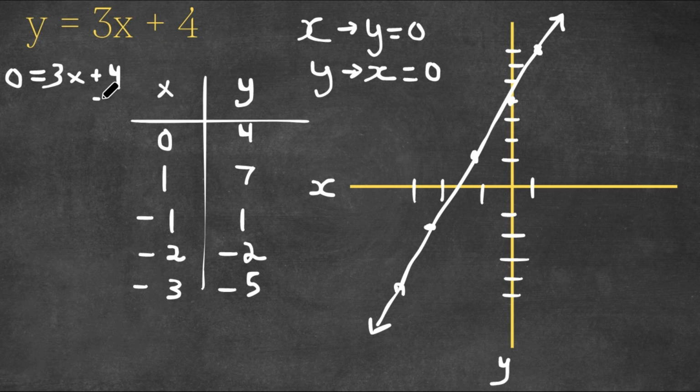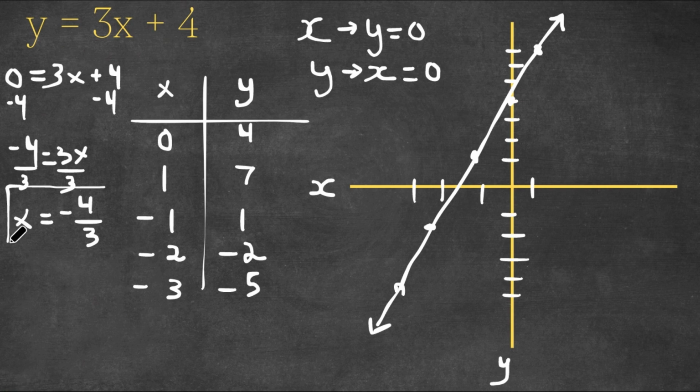And now if we subtract 4 on both sides, we get negative 4 is equal to 3x. And now if we divide by 3 on both sides, we get x is equal to negative 4 over 3. So this is our x-intercept.